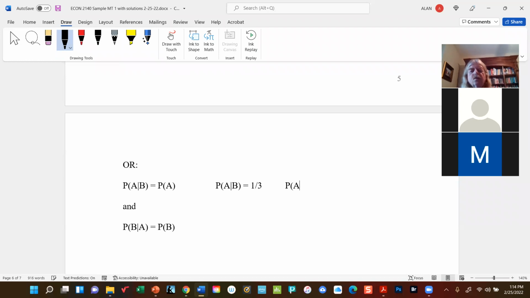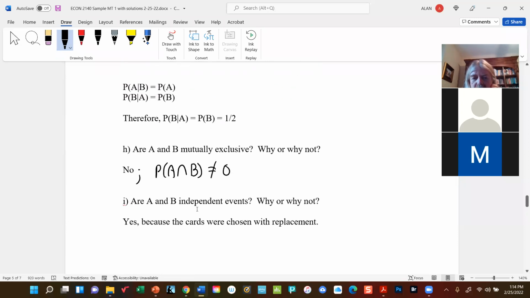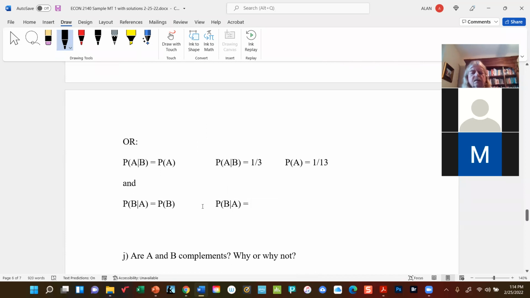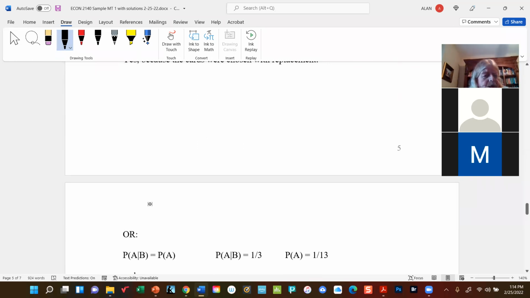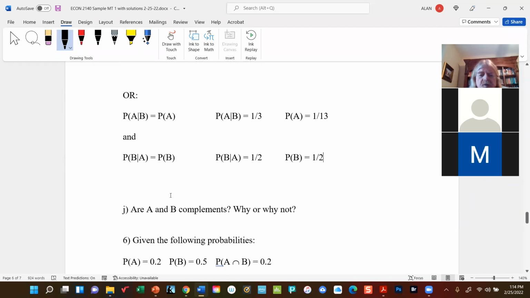And the probability of A is 1 out of 13. The probability of B given A is a half. And so is the probability of B. So both of these conditions are met, but it might be a little quicker to just note that the cards were chosen with replacement, fine, they're independent. But if not, we can use this approach, which is what we normally do. Okay.